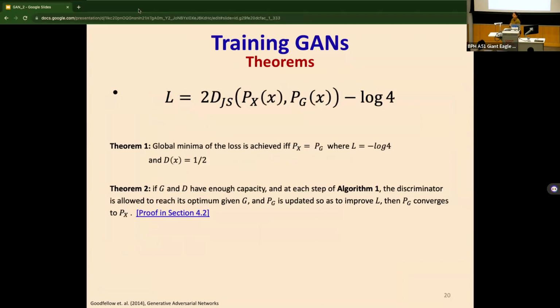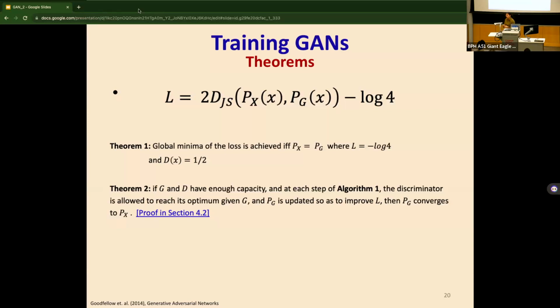Again, two theorems came from training GANs. The first one: you achieve the global minimum of the loss if and only if px is equal to pg. The way you can derive this is you differentiate that huge equation, set it to 0, and find out at what point this happens. When you substitute it back, you'll see that the loss value you get is minus log 4.